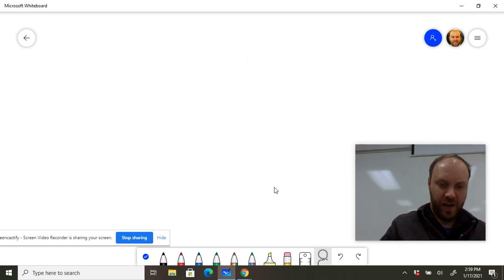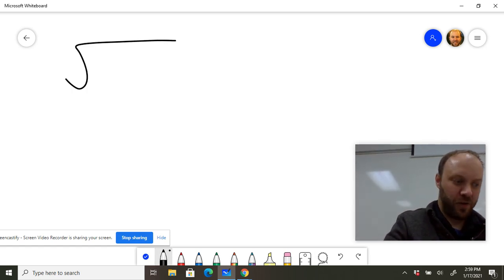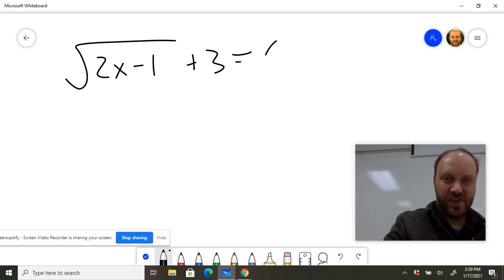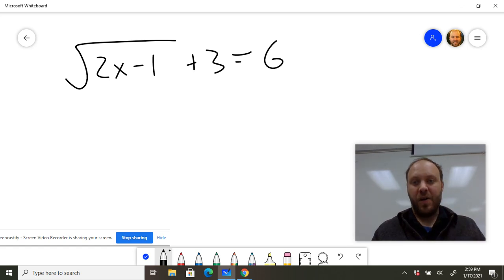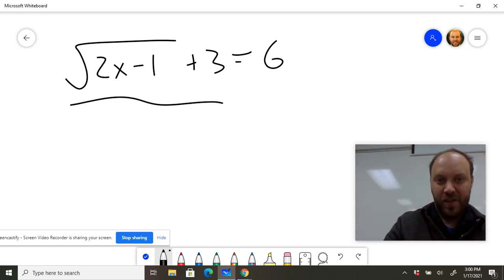We need to do number 3, which has a little bit more going on. It's radical 2x minus 1, plus 3, is equal to 6. Remember, you want to get that square root by itself, but if you think back to Algebra 1, you don't have exponent rules for addition or subtraction. So you don't want to square the left-hand side of this equation right now, or you're going to have to square this whole thing.